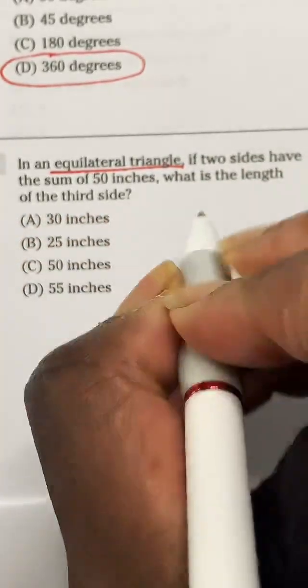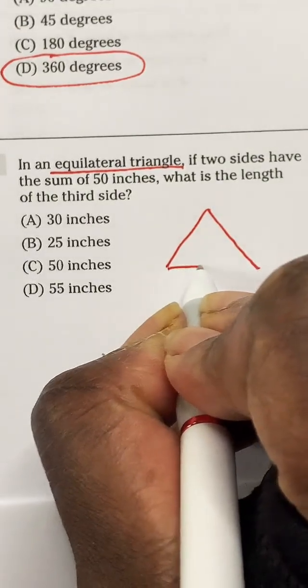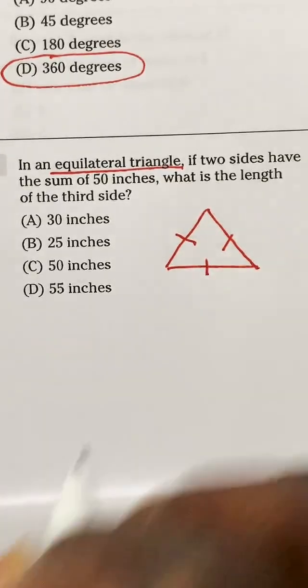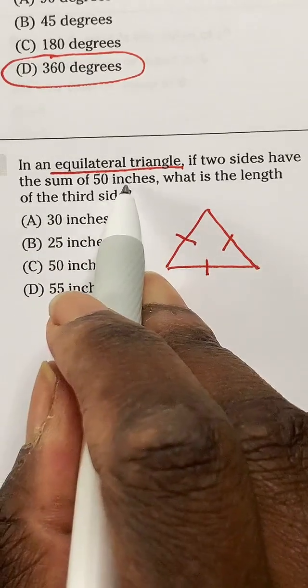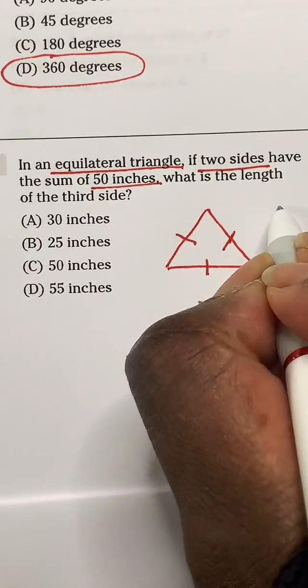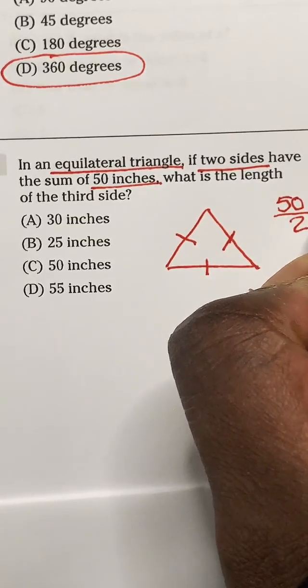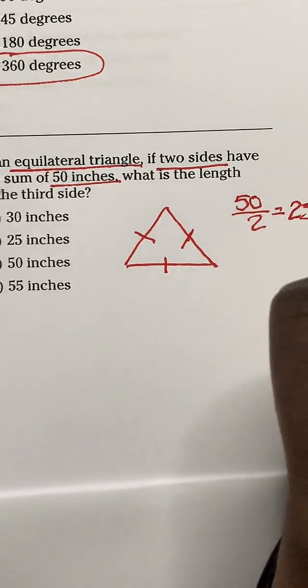Equilateral triangle. So that means all three sides are congruent. This side, and this side. They're saying if two sides have the sum of 50, so if two of the sides is 50 inches, that means if I take that 50 and divide by 2, each side is going to be 25.